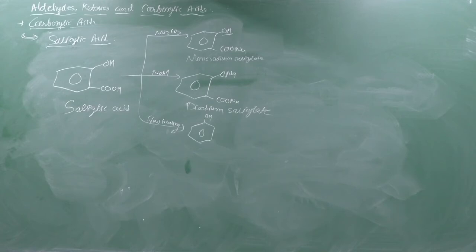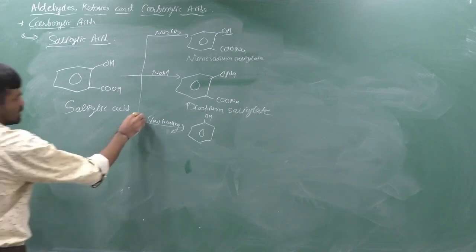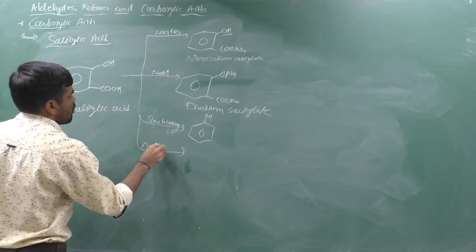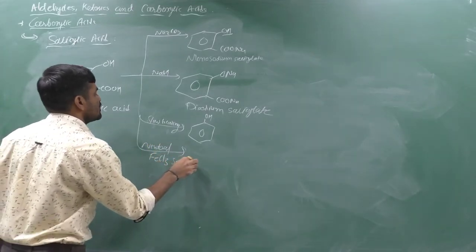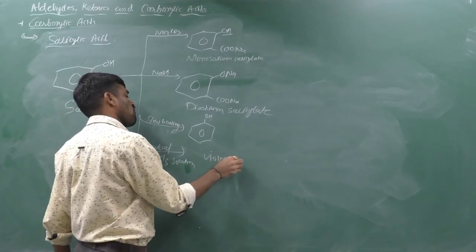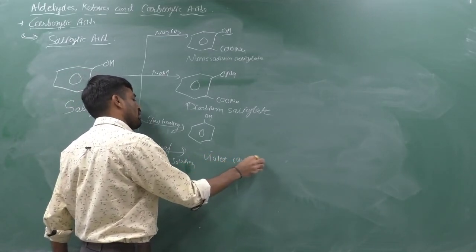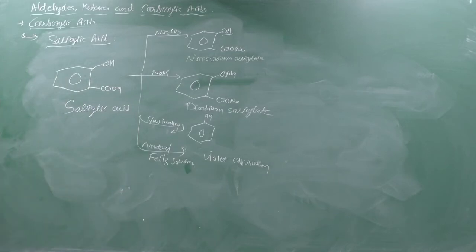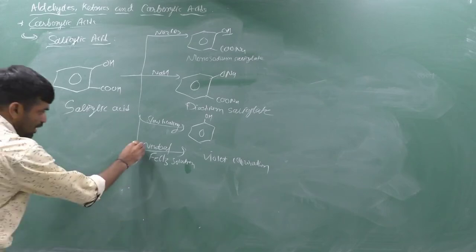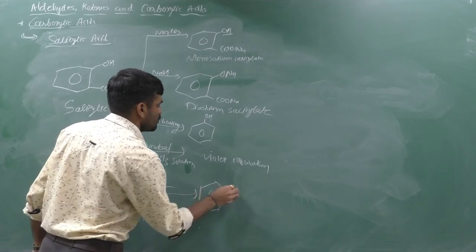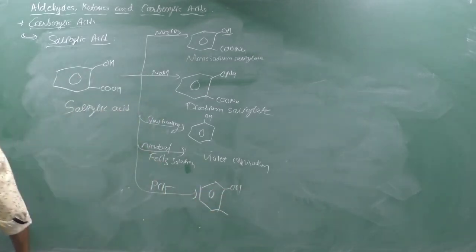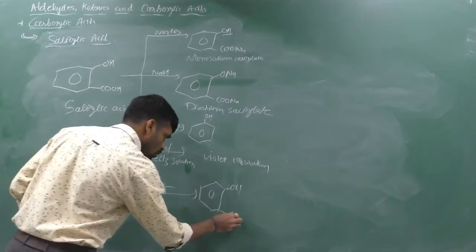Yes, if we treat with neutral FeCl3 solution, then it gives violet coloration. It is the identification test. If you treat it with PCl5, then we can obtain Cl and COCl.